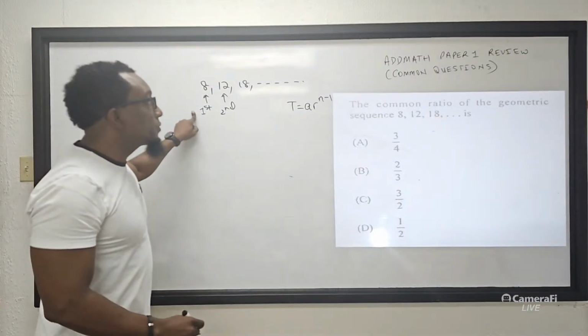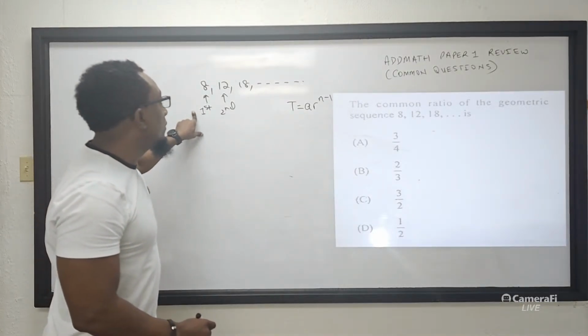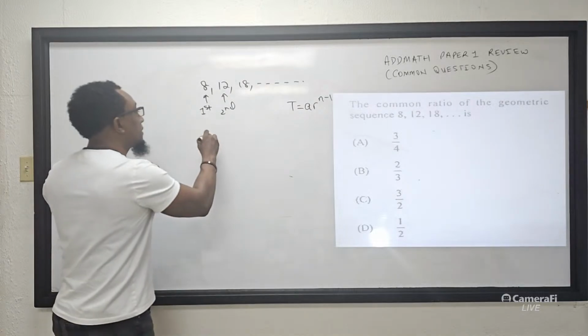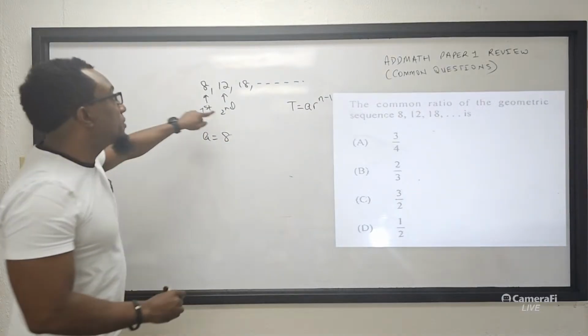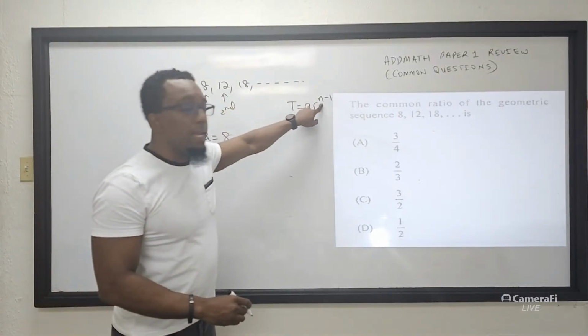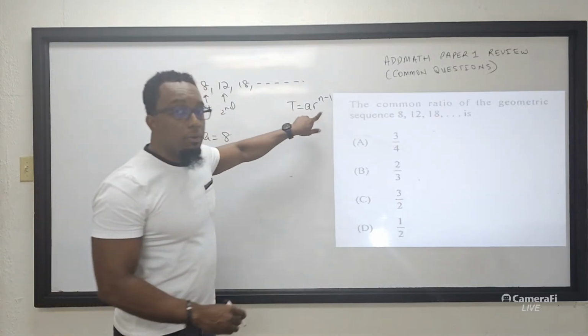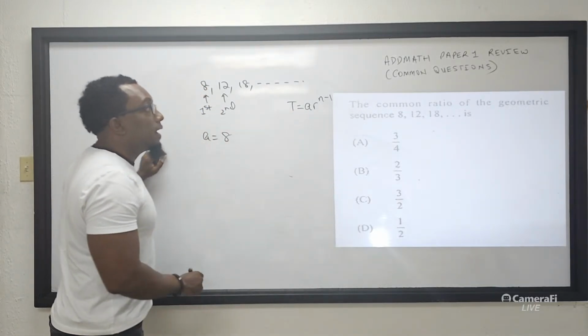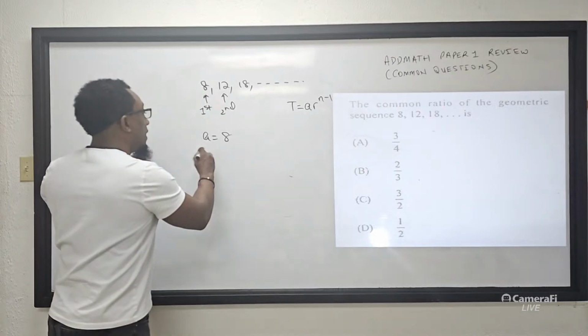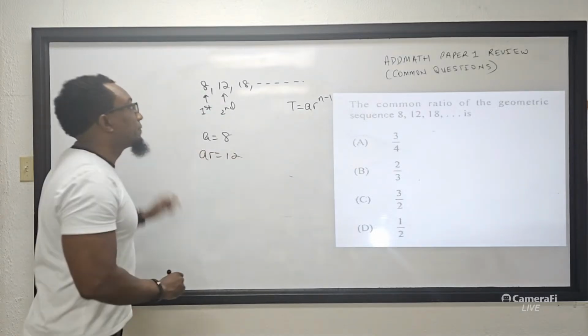So the first term we can write simply as A. So you know A is 8. The second term, just replace n with 2. So if I replace n with 2, it becomes AR, right? So that will be R to the power of 1. So it becomes AR is equal to 12.